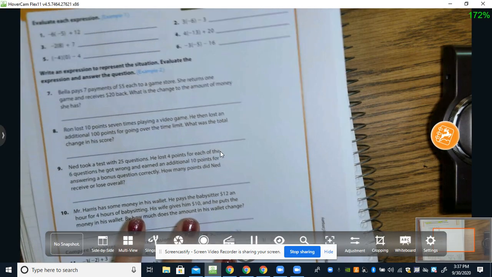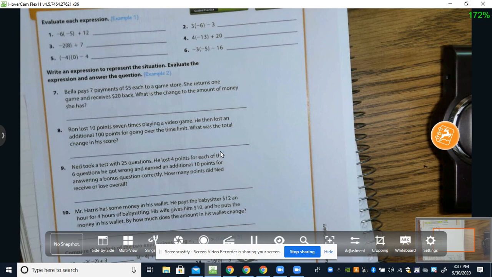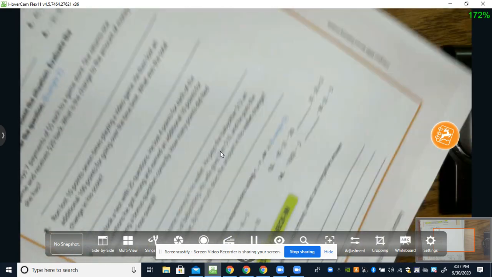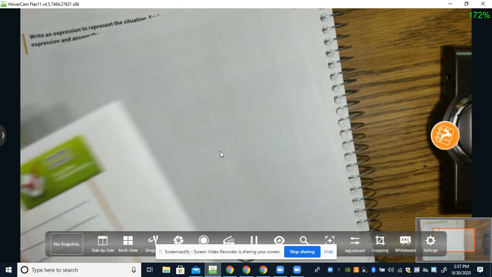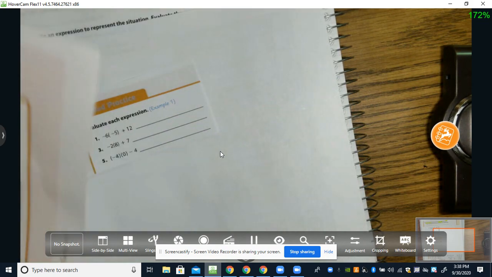Here's page 162. And you need to cut out these sections. So you'll need to cut out 1, 3, and 5. Cut that out. All right. And just kind of make a stack of things.